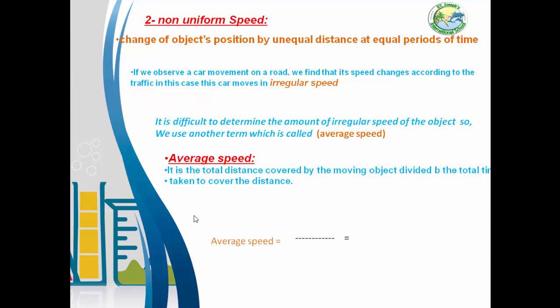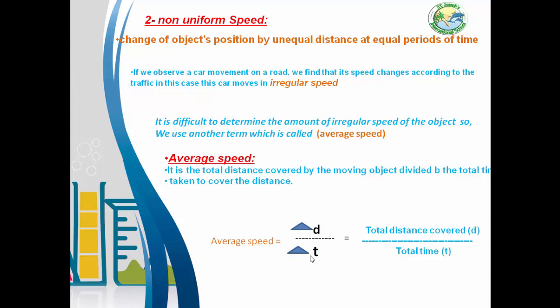We can calculate it by the relation: average speed equals delta D divided by delta T. It means total distance covered divided by total time.